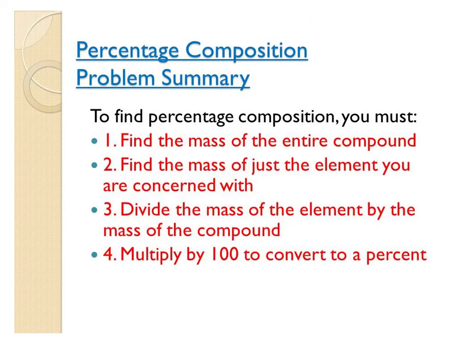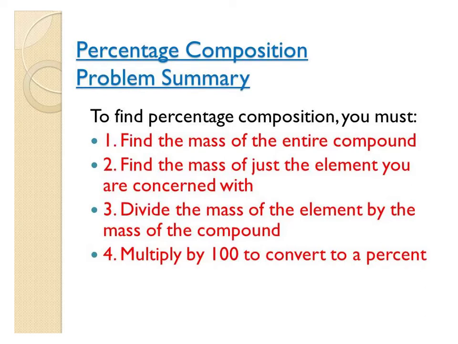Okay, these are just general steps on solving percent composition problems. First thing before even the number one on here, you need to read the question. That's very important. After you read the question, you find the mass of the entire compound, so you find the molar mass of the entire compound.